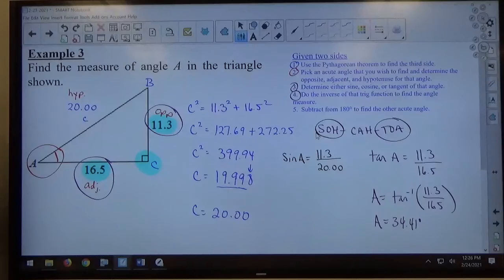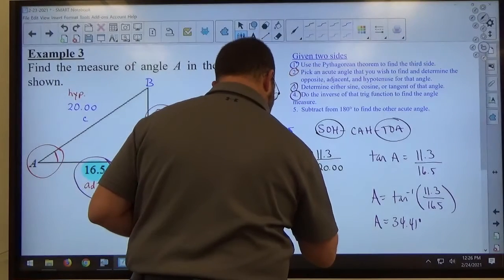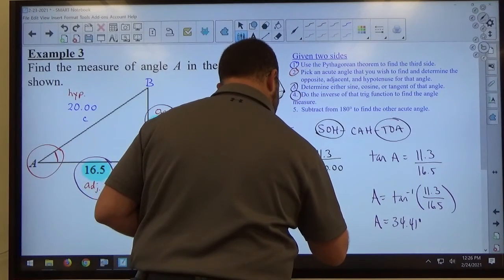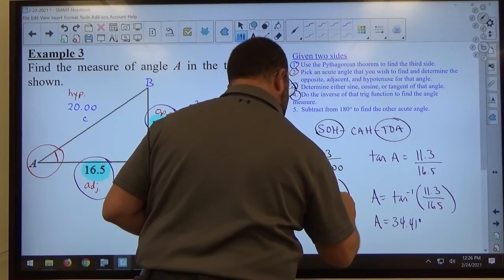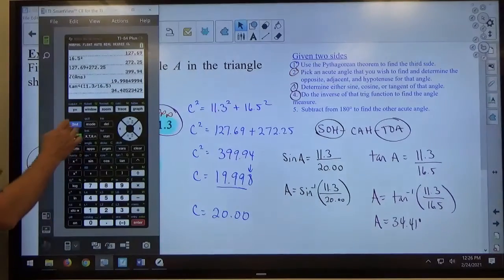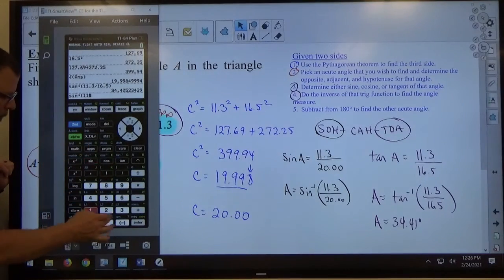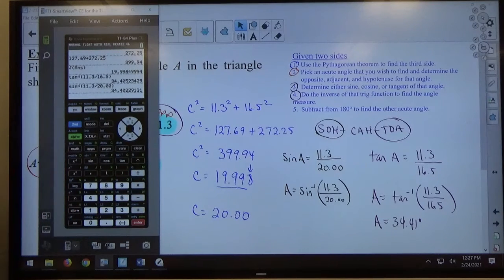Now it was almost exactly 20, so it's a pretty close approximation, right? So I might get really close to that same answer, but if we try it out, I'm going to get A equals sine minus 1 of 11.3 over 20.00. If I type that in my calculator, inverse sine 11.3 divided by 20.00 equals 34.40.